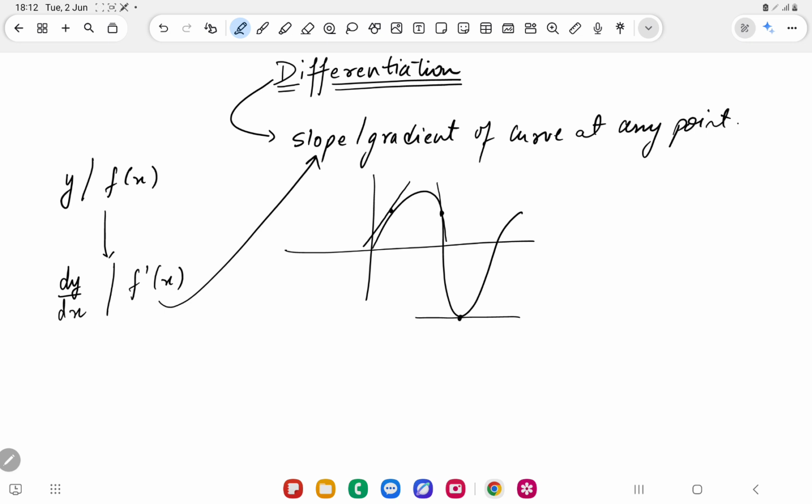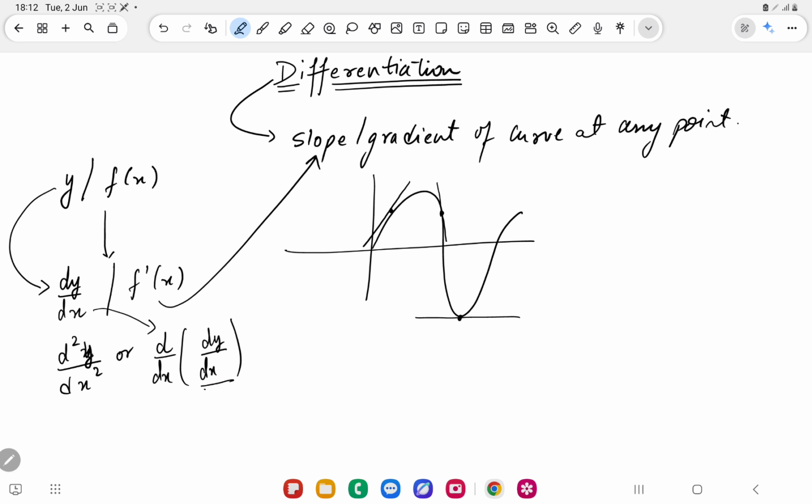Now from this I want to find out the second derivative. So the second derivative will be d2y over dx square, or we can write it as d by dx of dy by dx, because from y we got dy by dx and now we have to differentiate this again to get this.